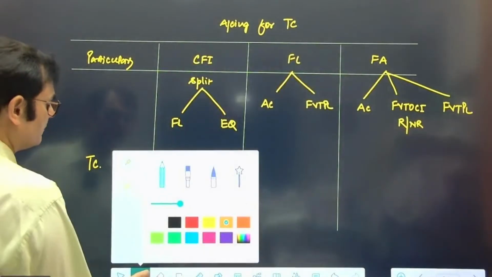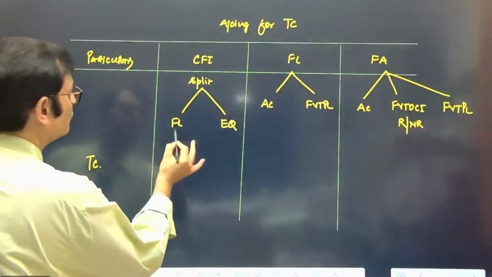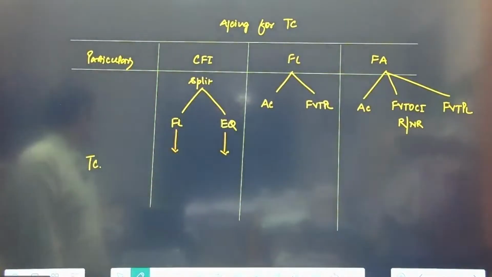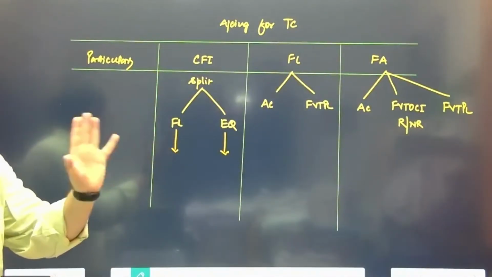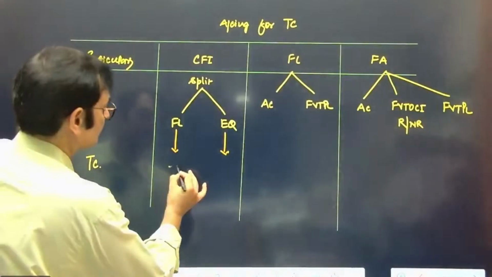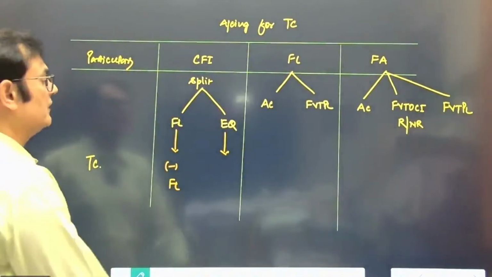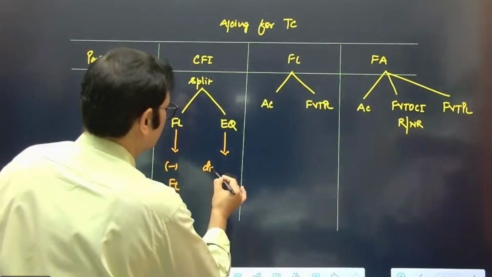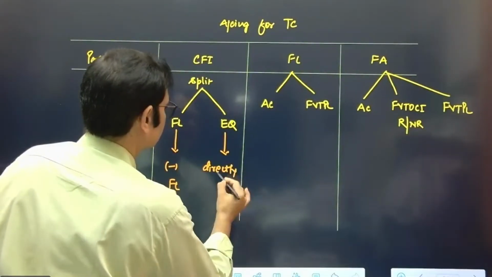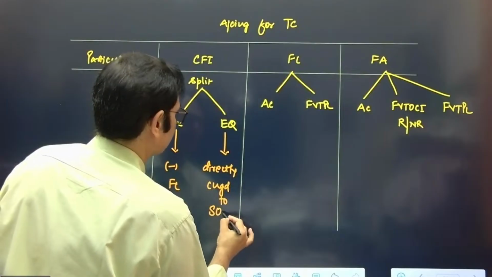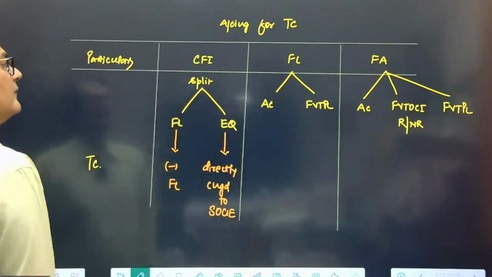Can I say in terms of CFI, what do you do with the financial liability element? Minus from the FL. It is reduced from the financial liability. Yes, sir. In terms of equity, can I say directly charged to equity? It is directly charged to SOCIE, that is equity. Yes, sir.